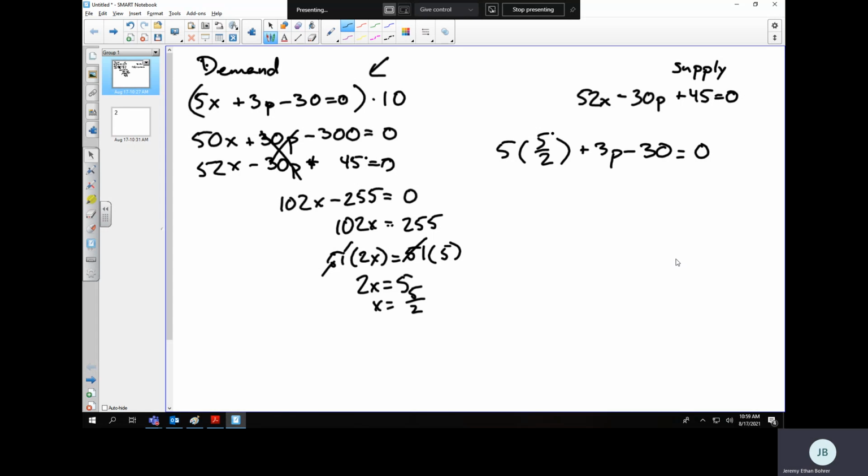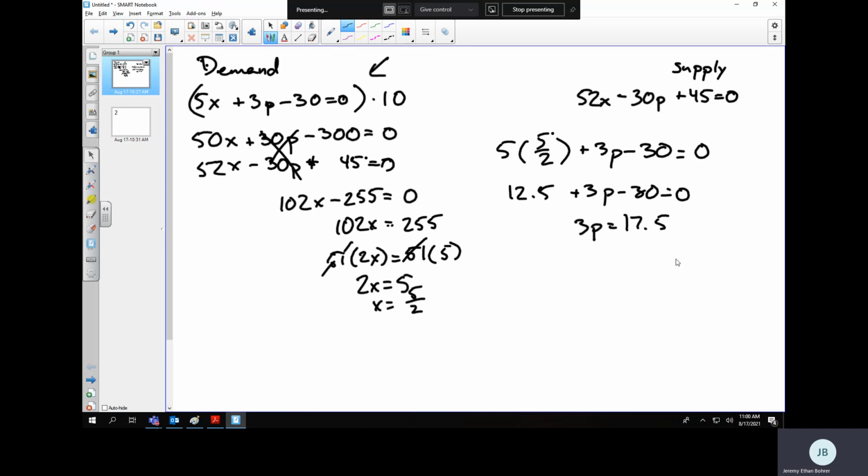Well, 5 times 5 halves is 12.5. I'm going to move this 12.5 and this 30 over to the other side by subtracting them. That gives me 3p equals 30 minus 12.5, and 30 minus 12.5 is 17.5.